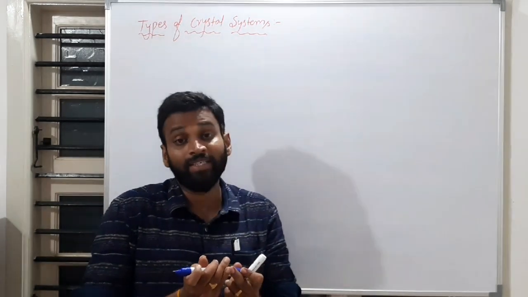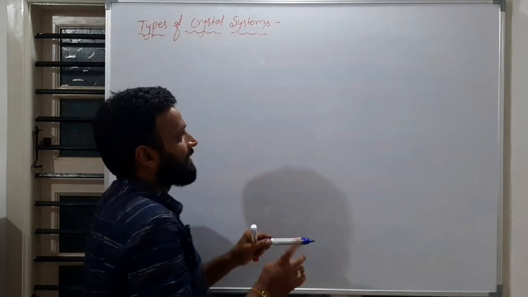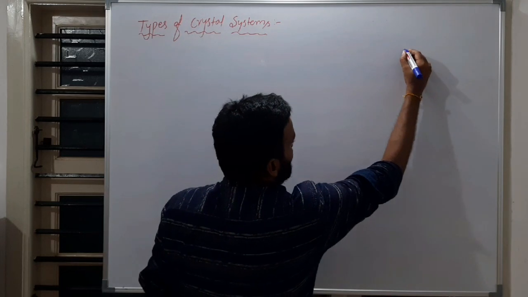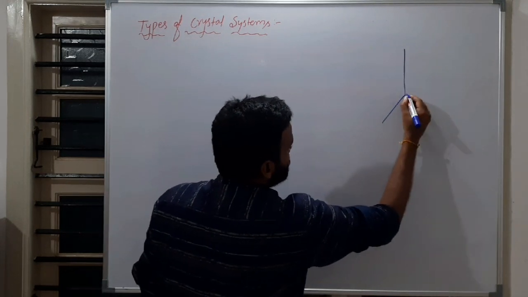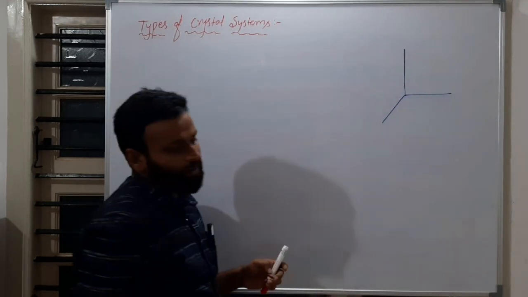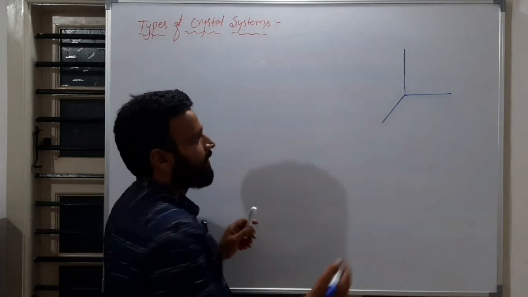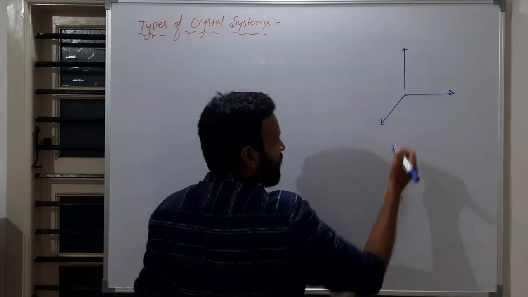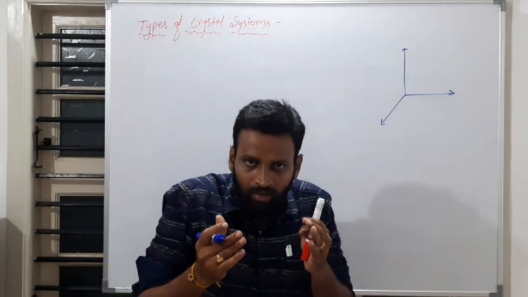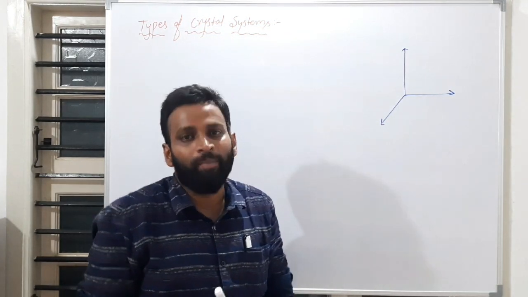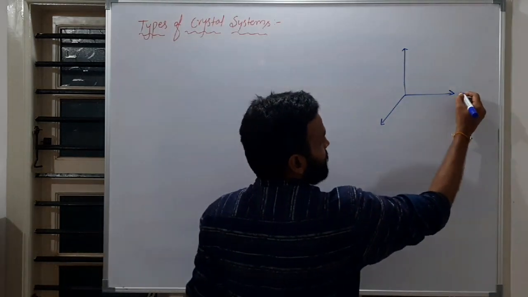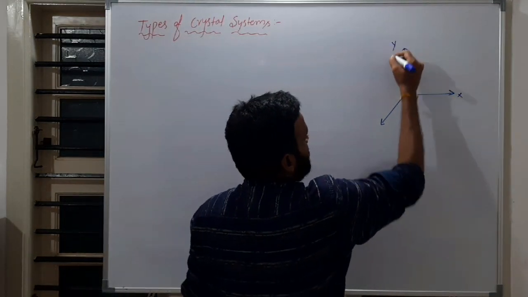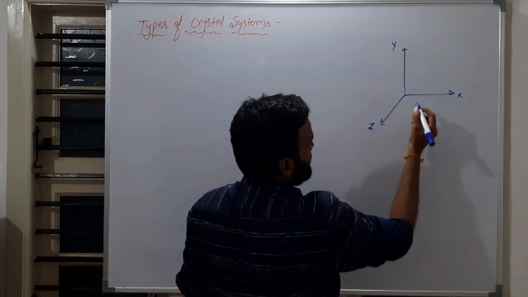See, types of crystal systems are exactly based on these edge lengths as well as particular bond angles. Actually, a crystal system or crystal solid or particular unit cell is three-dimensional. Means it exists in three ways. One is x-axis, y-axis and z-axis like this.